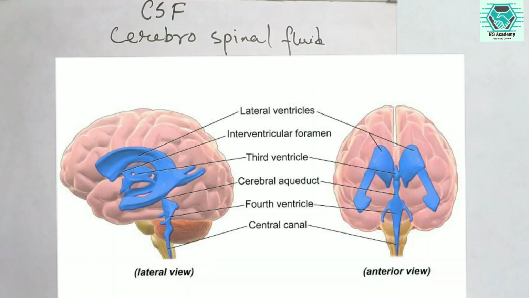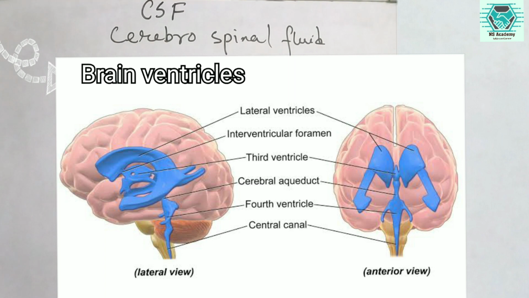What is cerebrospinal fluid? Basically, we know about the blood which flows through our whole body. Like this, the CSF also flows through our nervous system. It is a serum-like fluid that circulates through the ventricles of the brain.